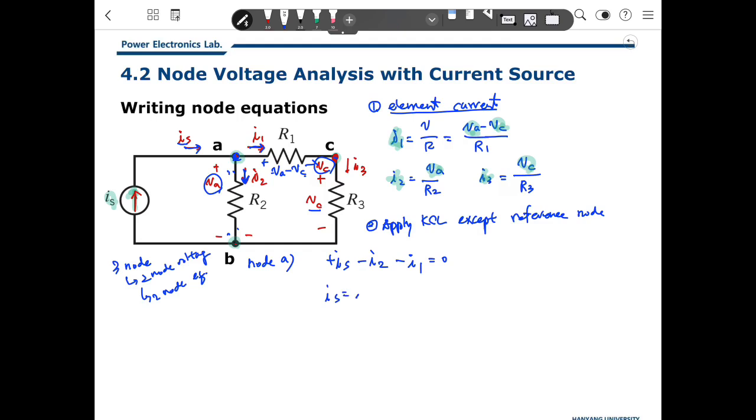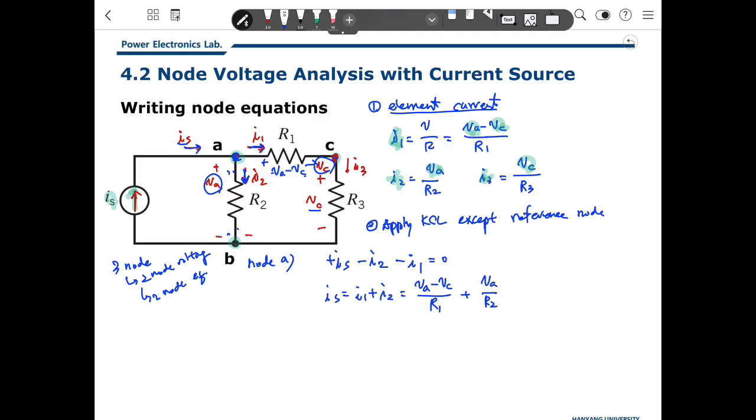So IS is I1 plus I2. What is I1? I1 is VA minus VC over R1, plus I2 is VA over R2.